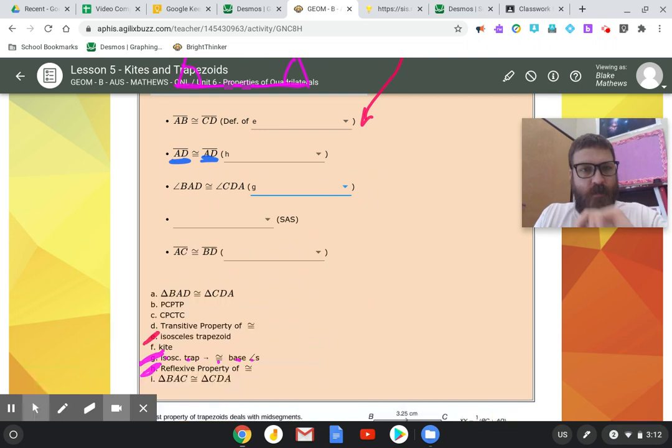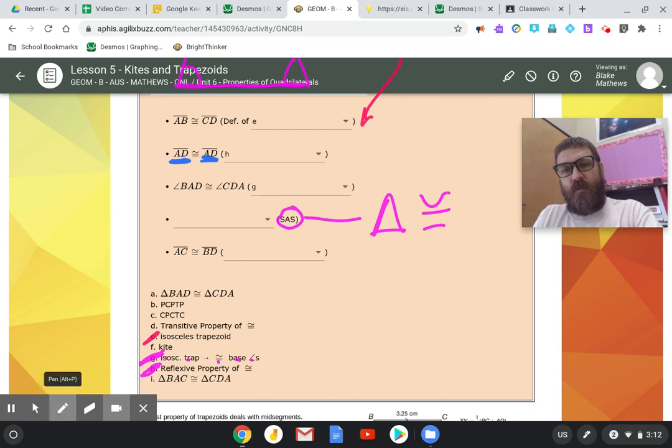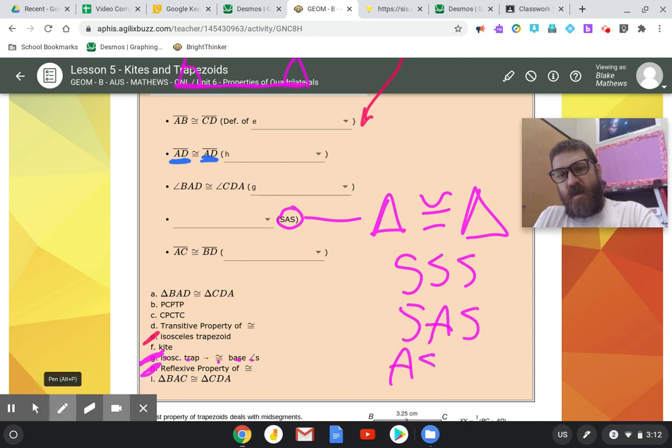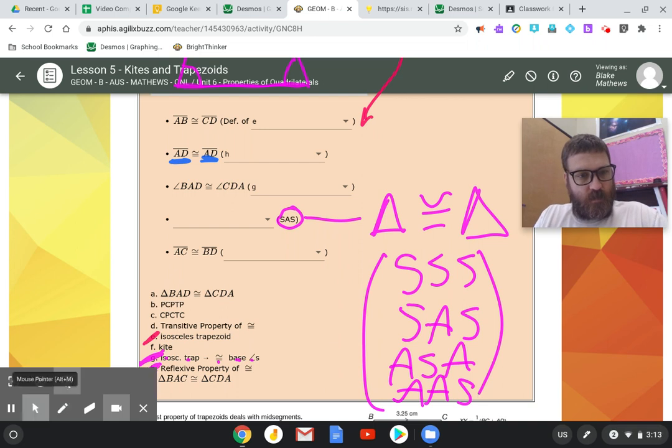There we go. All right, look at this, side angle side. That means we're dealing with some kind of triangle congruence situation. Remember, SSS, SAS, ASA, and AAS always are going to be the reasons for congruent triangles. So let's go look, and we have two options. We have BAD is congruent to CDA, and BAC is congruent to CDA. Let's go up and look.